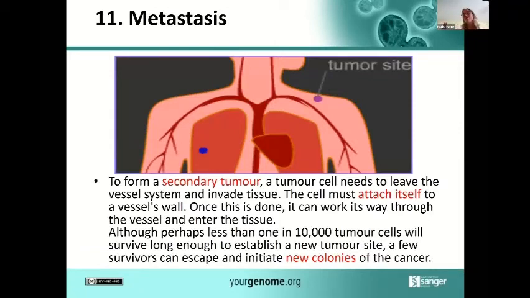It will grow a new tumour, then it will do the angiogenesis, and then it could spread again. So the process starts all over again. Once you get to this stage of cancer, unfortunately, you're unlikely to survive. Once it's spread to another part of the body, it's very hard to treat.